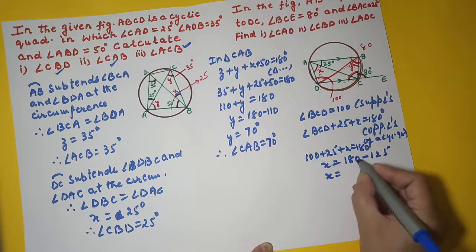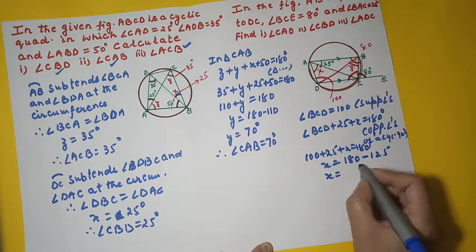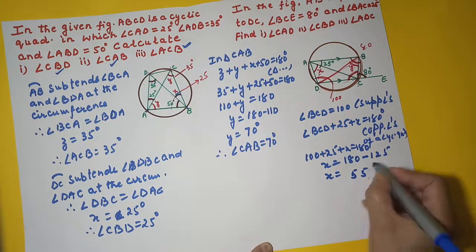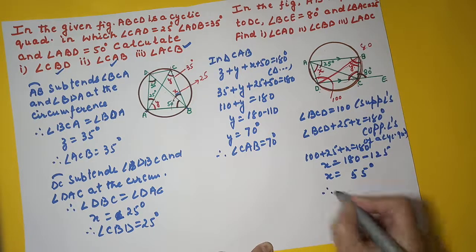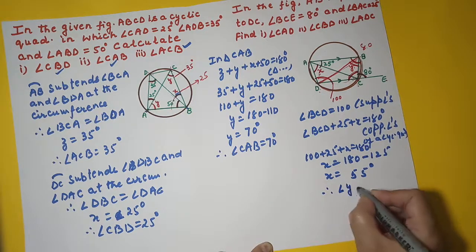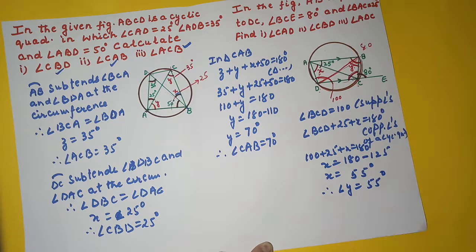So your X equals 180 minus 125 because 100 plus 25 is 125. So your X is 10 minus 5 is 5. 7 minus 2 is 5. You got X as 55. Therefore, angle Y is also 55. Why?